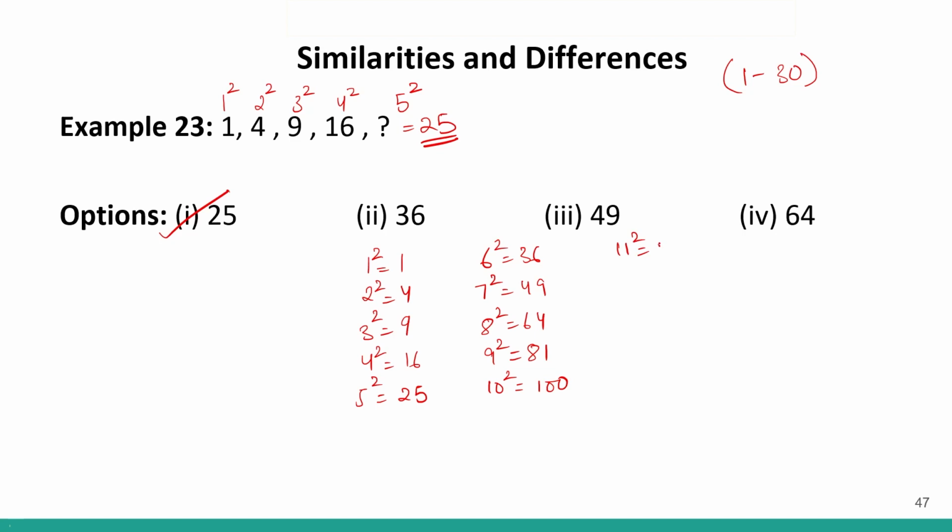Similarly, 11 square is 121, 12 square is 144, 13 square is 169, 14 square is 196, and 15 square is 225, and so on. So up till 30, please do remember. If you can remember more than this, very good.